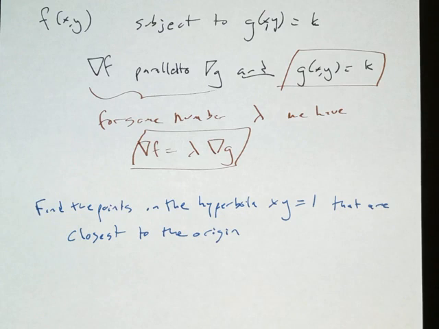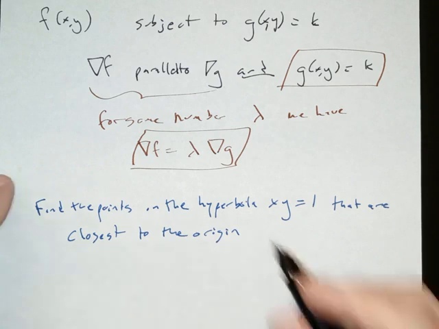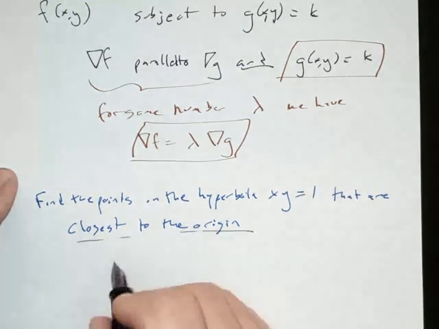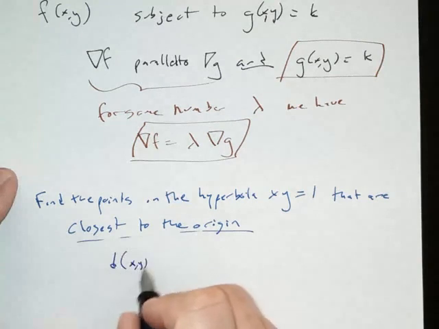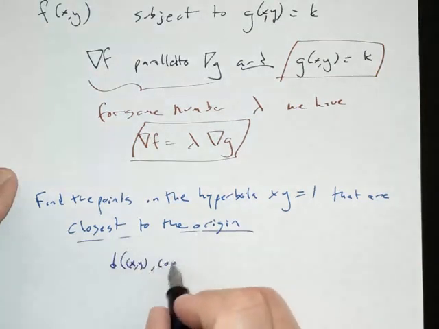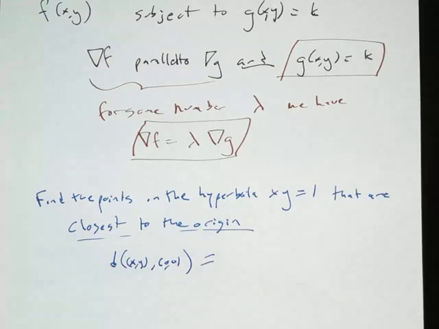Measuring the distance requires me to use the distance formula, right? So I want the points that are closest to the origin. What's the formula for the distance from a point xy to the origin 0, 0?